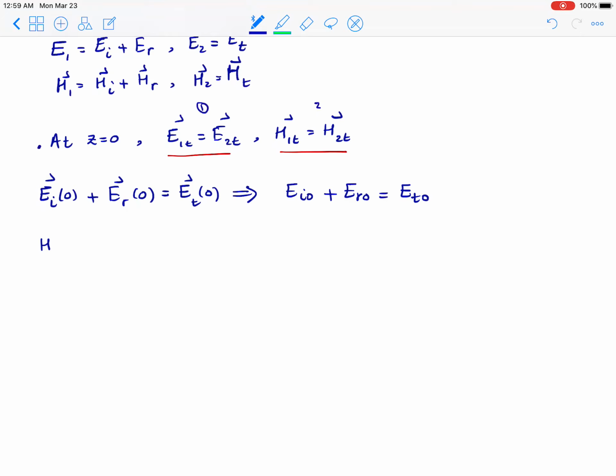Similarly, if we apply the second boundary condition, we're going to get something similar. However, we have a factor of eta that we should keep in mind.